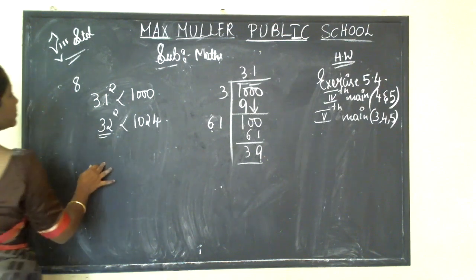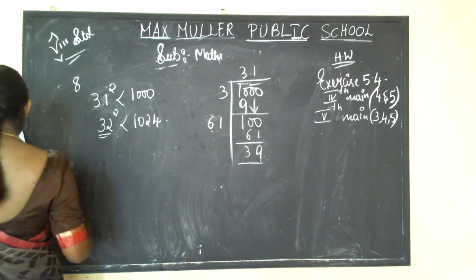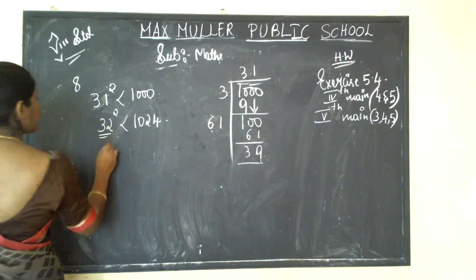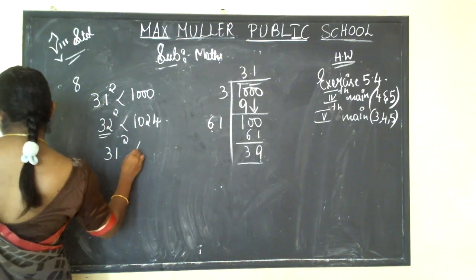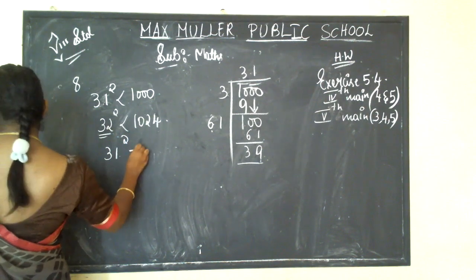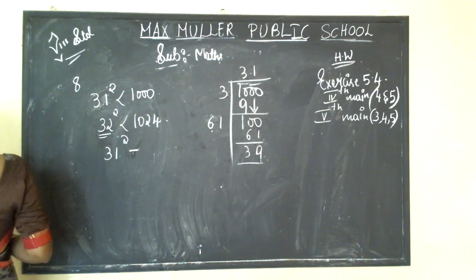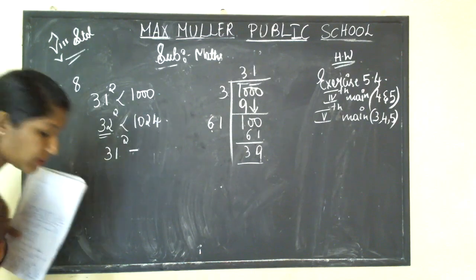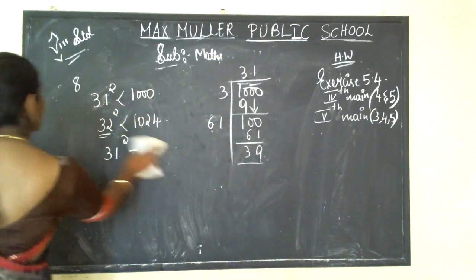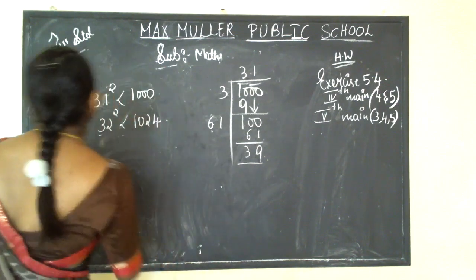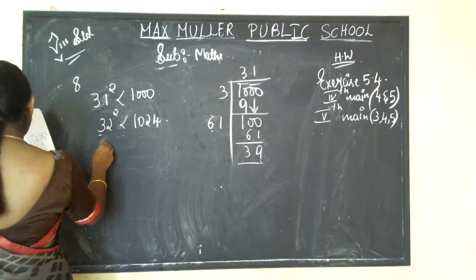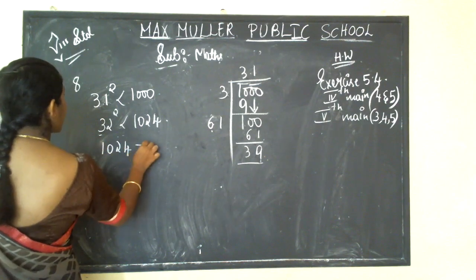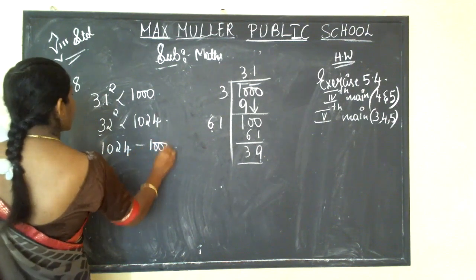Okay, now you can write like this: 32 square minus 1000, that is 1024 minus 1000.